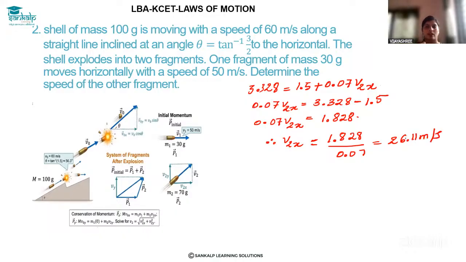This is the horizontal velocity of the second fragment. So we have to calculate the vertical velocity as well. So apply the conservation of momentum in the y direction.